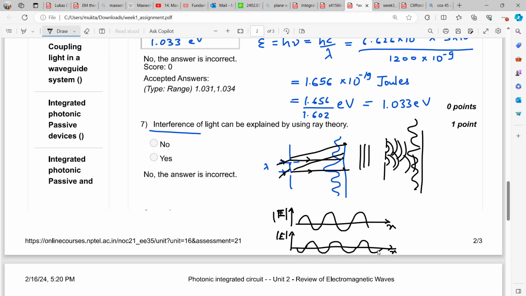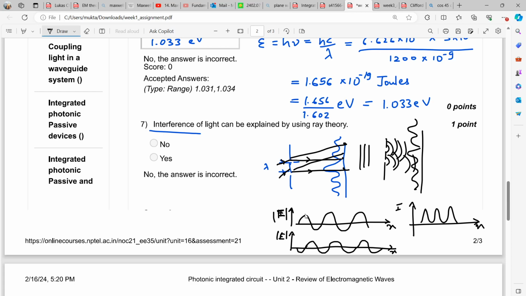It is slightly shifted. So when these two are present at the same location, the resultant waveform will be a sum of both. At some places, where they are 180 degrees out of phase, the resultant intensity would drop. Some places there will be constructive interference, some places destructive interference.